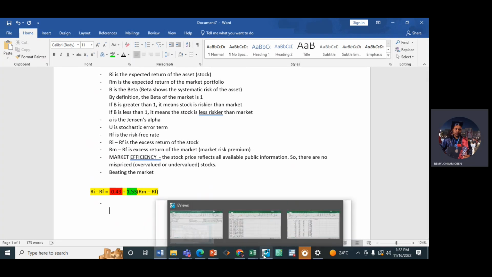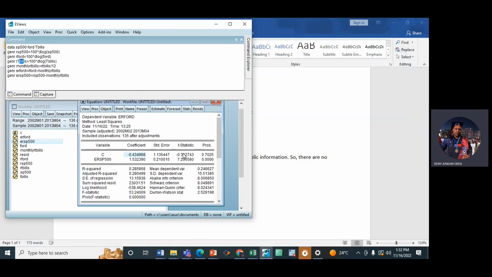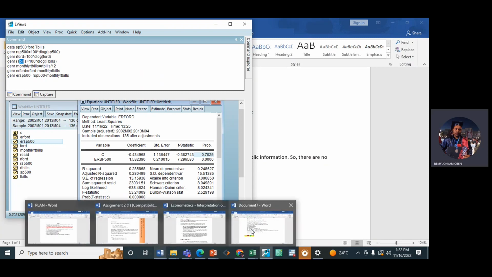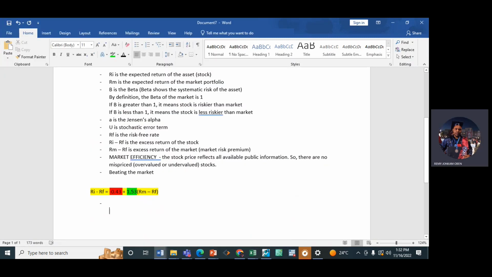So if you look at EViews, this T statistic and these probability values are testing the null hypothesis that it is equal to 0. Let me write the null hypothesis. H0: beta equals 0. H1: beta not equal to 0.